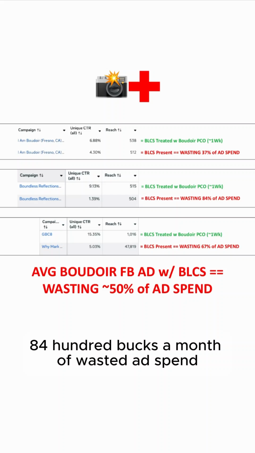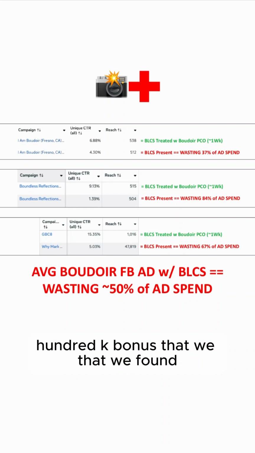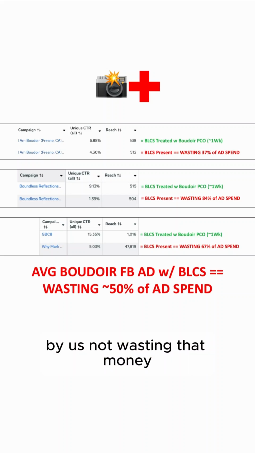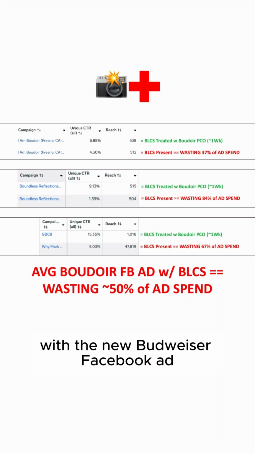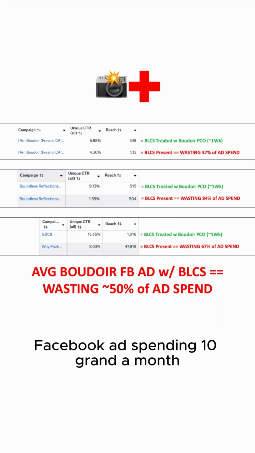Eliminating that $8,400 a month of wasted ad spend, pocketing that. That's like 100 grand, a 100K bonus that we found by not wasting that money and spending $1,600 a month with the new Boudoir Pico treated ad. We're getting our ad into the same number of women's brains as the original Boudoir Facebook ad spending 10 grand a month.